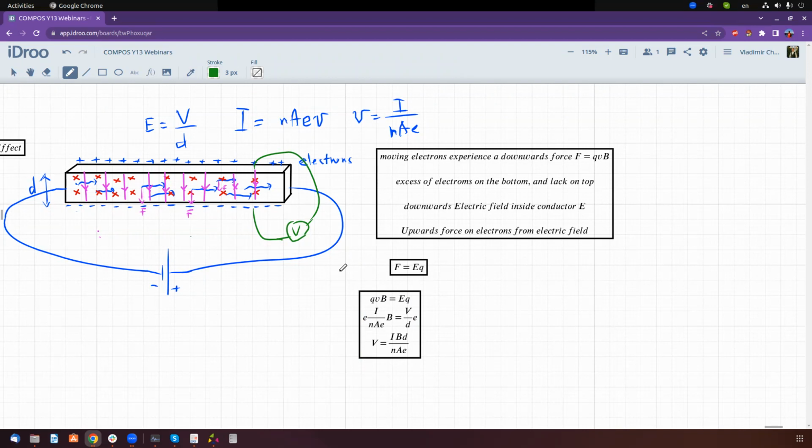It's called a Hall sensor. This is known as the Hall voltage. And the device is called a Hall sensor. It measures magnetic field.